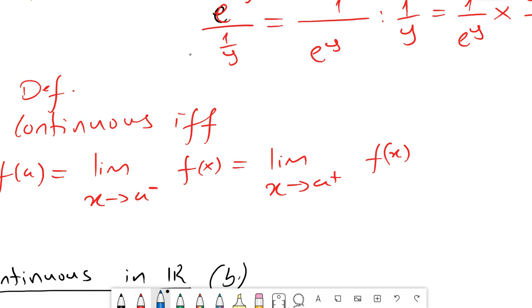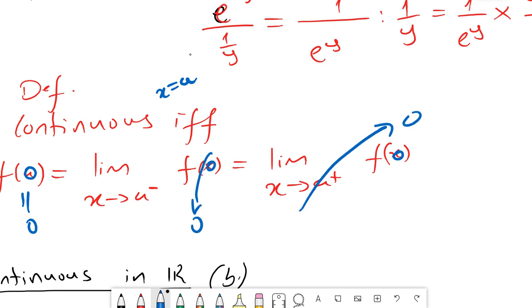The function is continuous at point x equals a if and only if f of a, the limit on the left and the limit on the right are the same. So in our case it was at point 0: 0, 0. We got 0 here and we got 0 here. So the function is continuous in R.